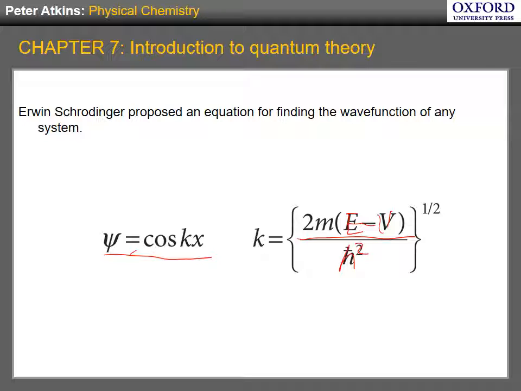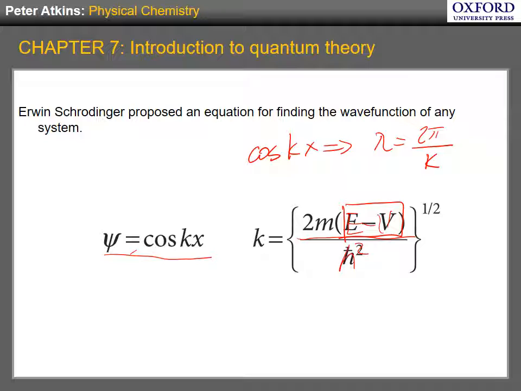Now we know that the cosine kx is actually a wave of wavelength 2 pi divided by k. In addition, total energy minus potential energy is obviously the kinetic energy, right?